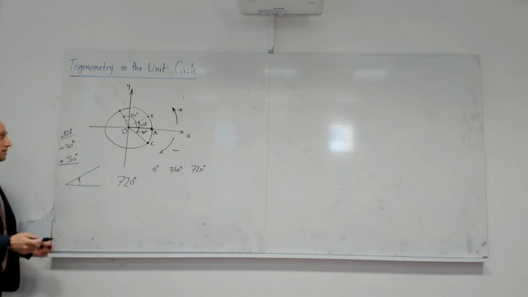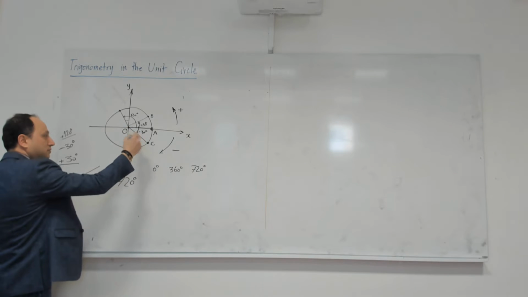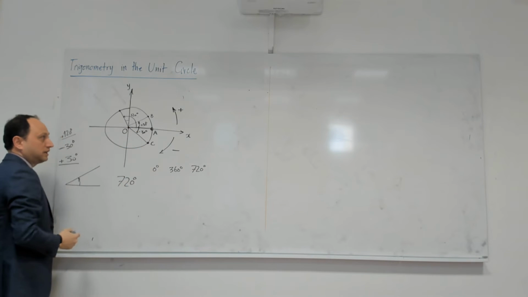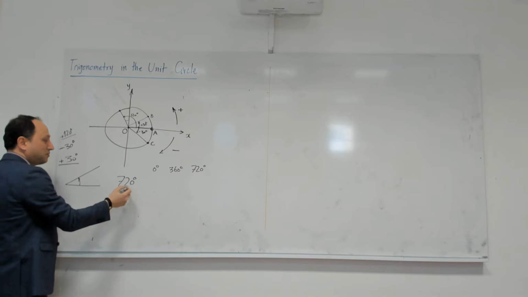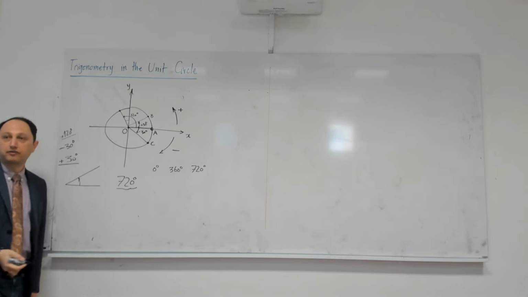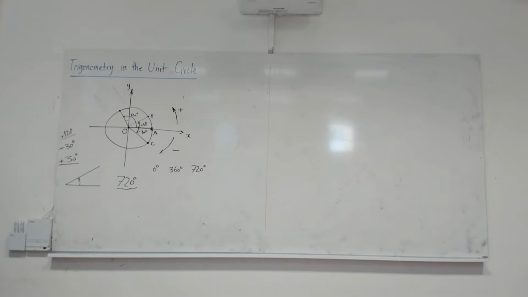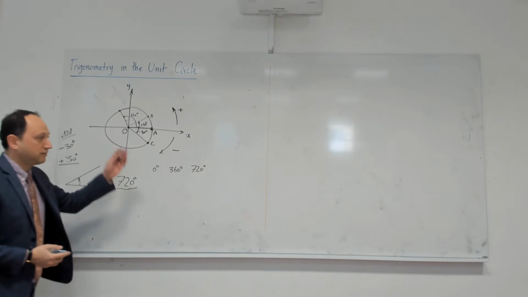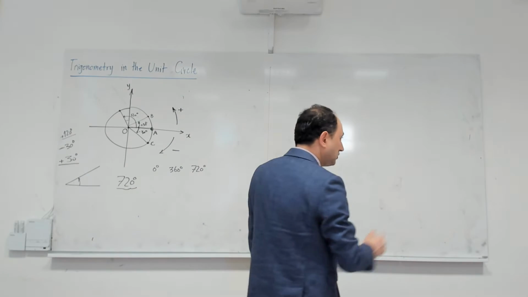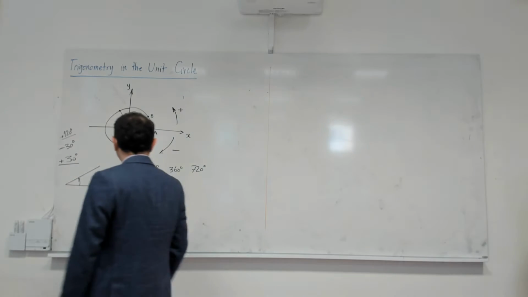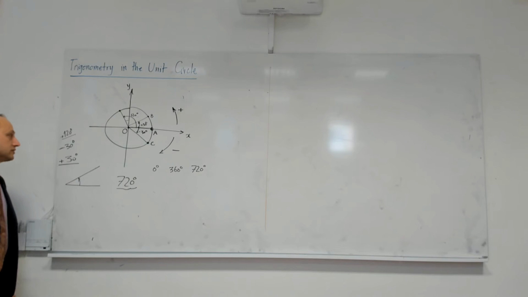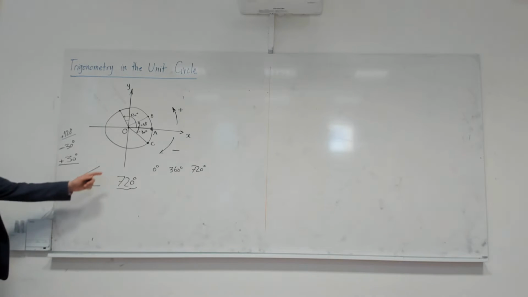What matters in the coming lesson is not the magnitude or the sign of the angle, but the end point of the angle. I might have many different angles, but they end at the same point.